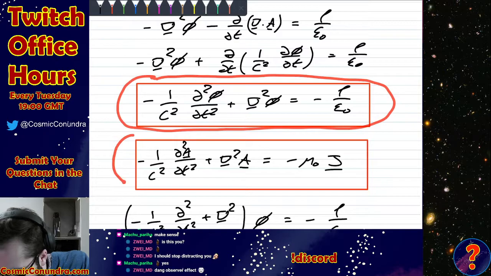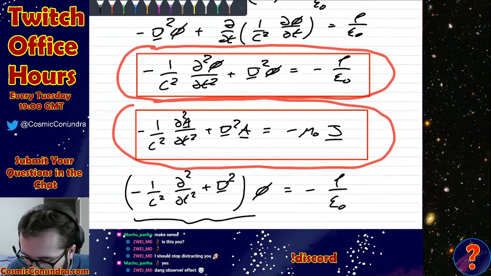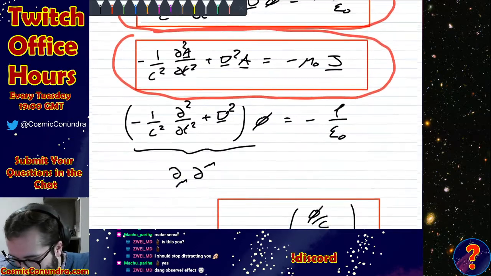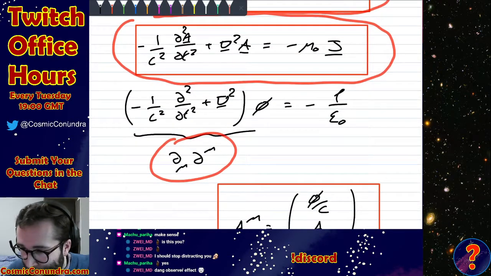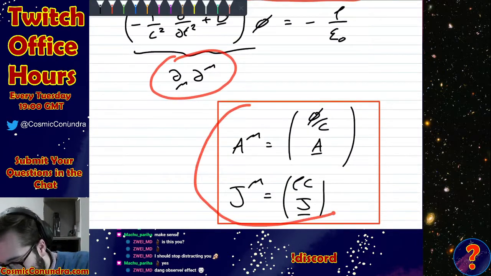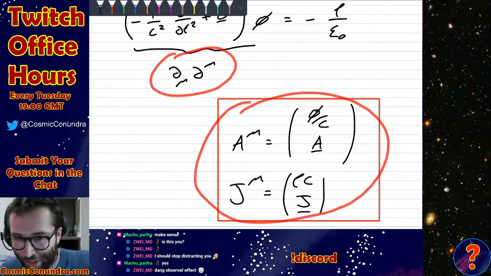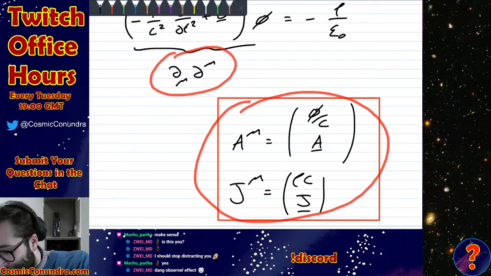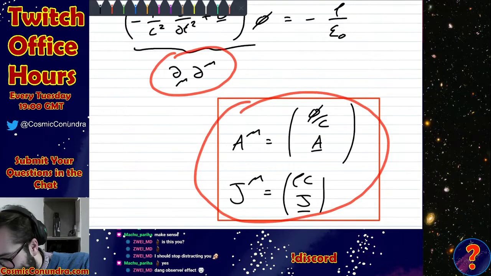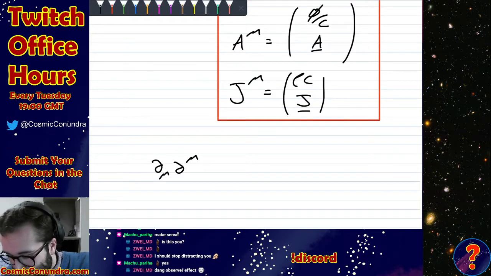What I can do now is combine these two equations, in fact, all into one equation. And I'm going to do that using this operator I've defined here as d mu, and these new 4 vectors I've defined here. And again, remember, I've told you these are 4 vectors, I've not proved it, but trust me, they are. So the way I can do that is I'll take my operator in this covariant notation using d mu's.